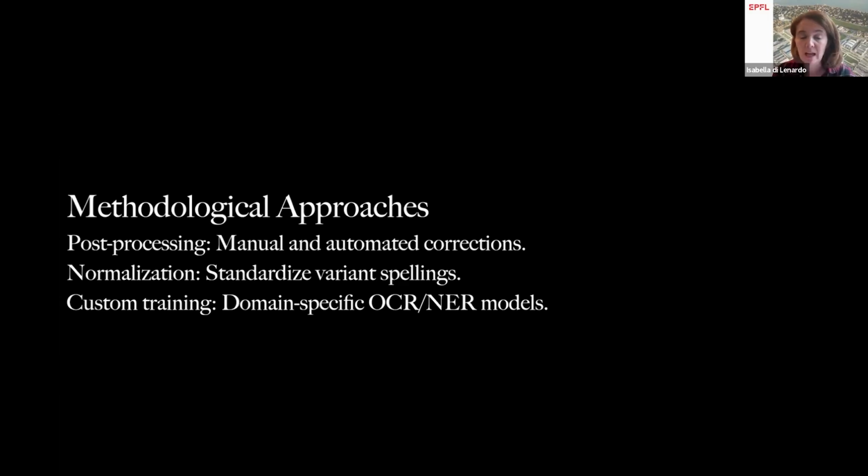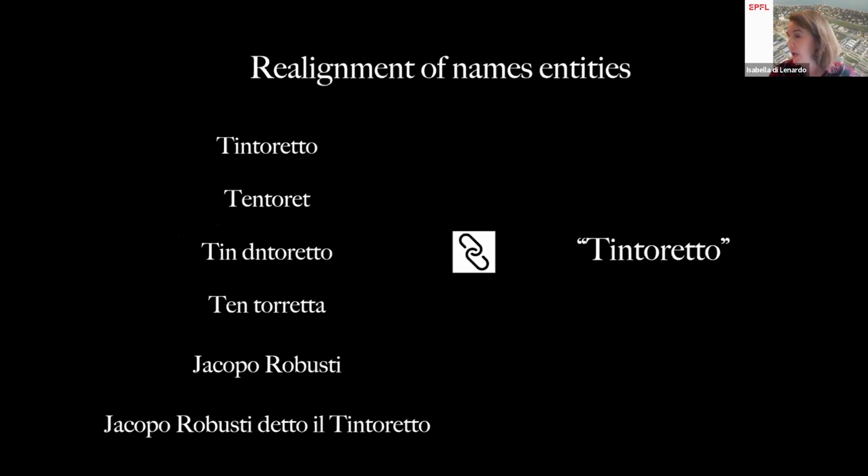So we need to normalize, what we call normalizing, all these variants of spellings in authors, for example, or place names. And we can do this through some specific approaches.